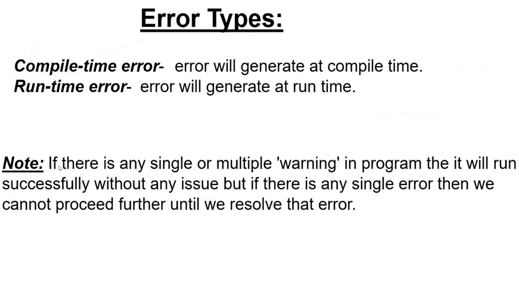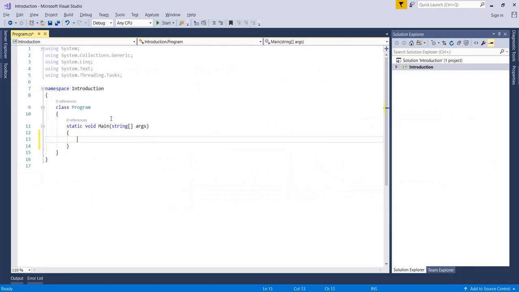Note, apart from errors, we also have warnings. For example, in this case, string s is equal to, you can see a green squiggly line below s.